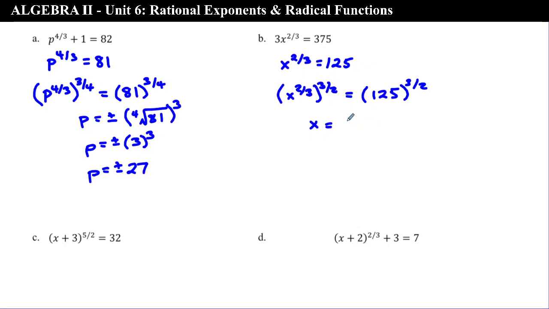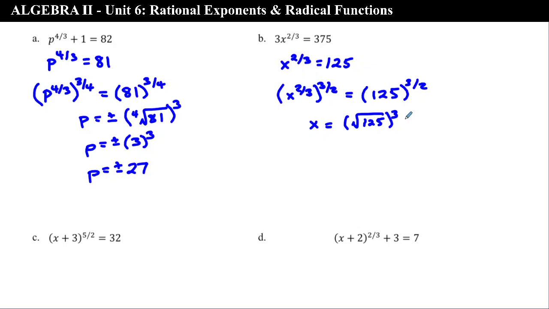We'll do the square root of 125 to the 3rd. Well, as it turns out, this is not going to work out nice and neat because we cannot take the square root of 125. So you're going to end up getting an approximated answer doing this.